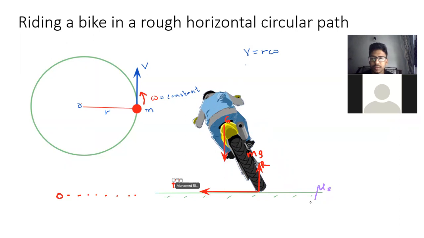So now if we consider this, here the friction, if I take the torque from point G, which is the center of gravity, taking the torque from G, we have a clockwise direction: force F into some perpendicular distance, let's say h1, from here to here.